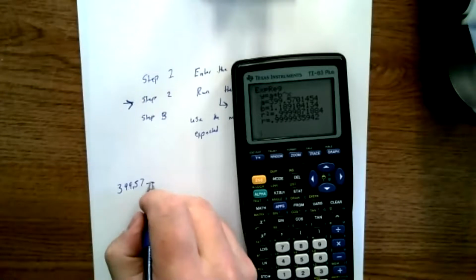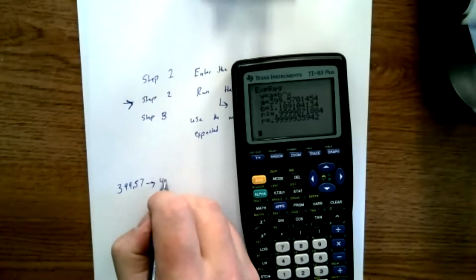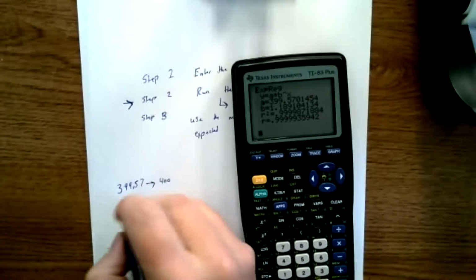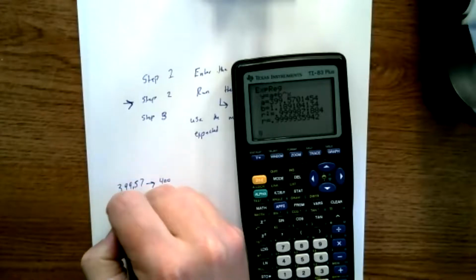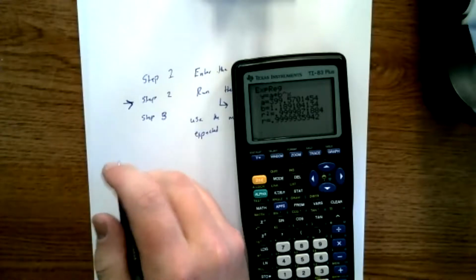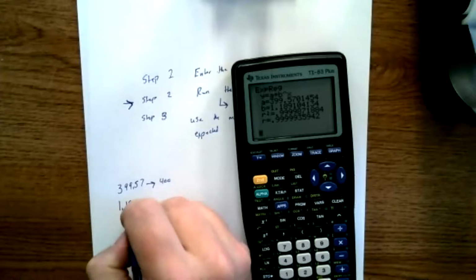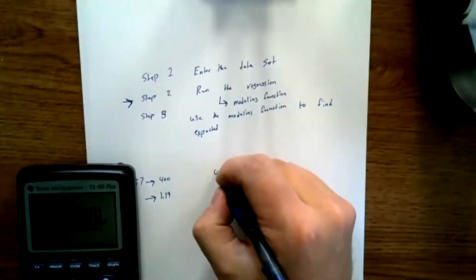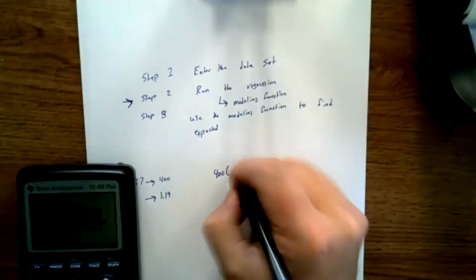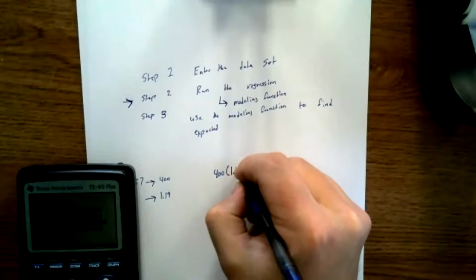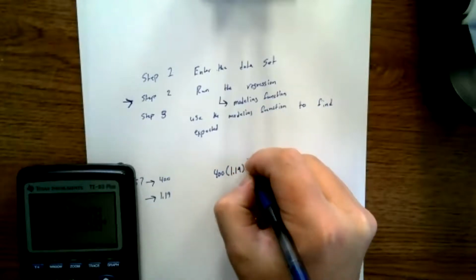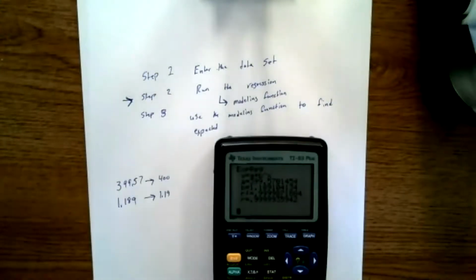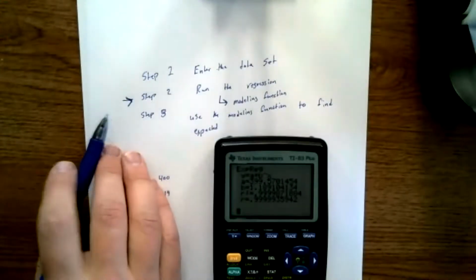That's going to get rounded to 400. And then my b is 1.189, which I'm going to round to 1.19. So the equation that I'm going to be using is 400 times the quantity 1.19 to the x. And that's the completion of step 2.